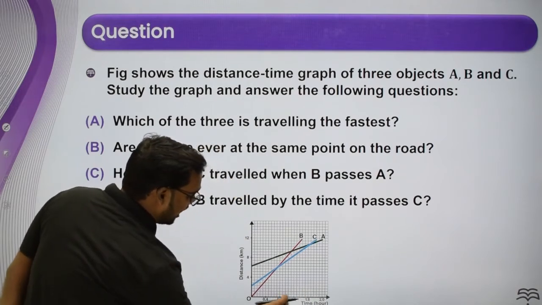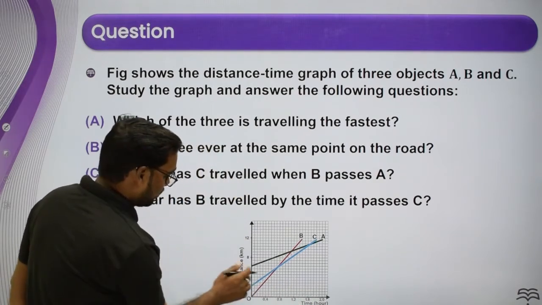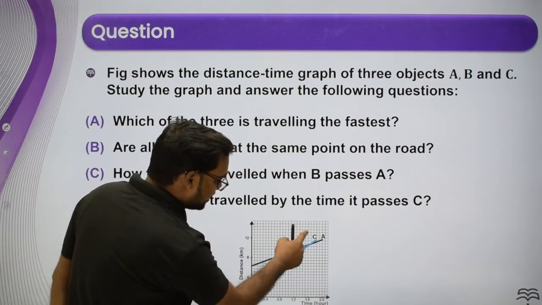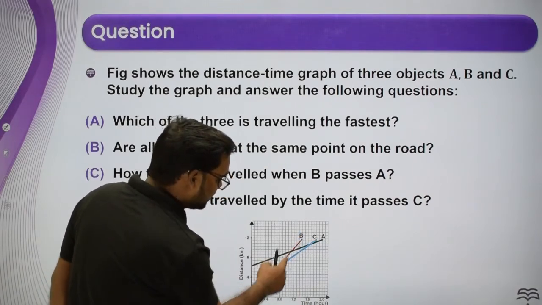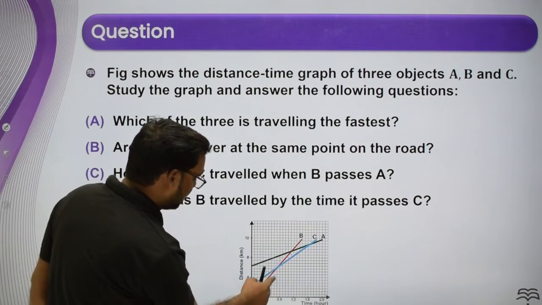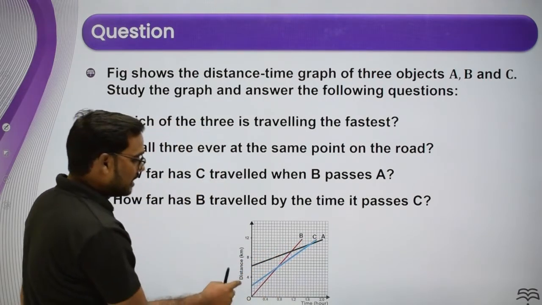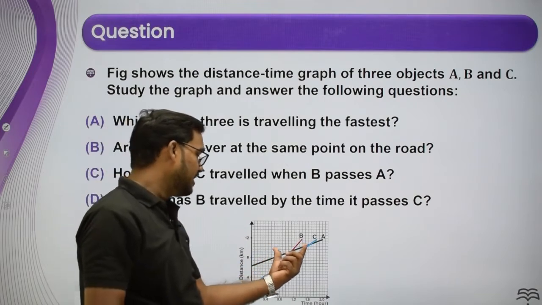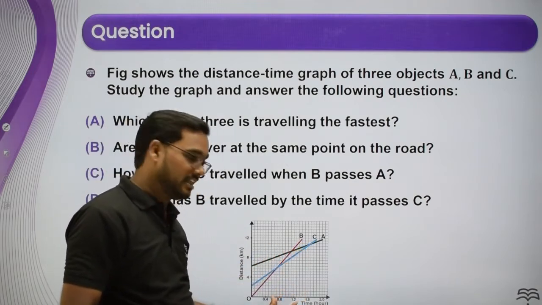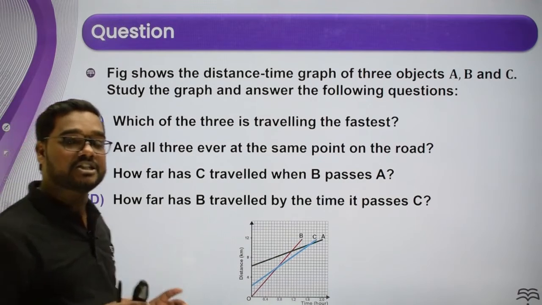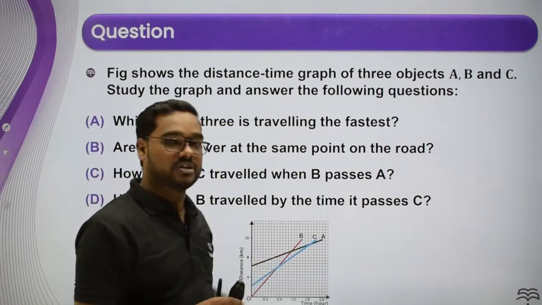This is t2 and this is t1. You need to find the distance corresponding to 1.6 for each object, that means A, B, C, and corresponding to t1 the distance traveled by each object, and you will get the total distance between t2 and t1. Divide that by the time difference and you will get the answer. This is one method to solve these questions.